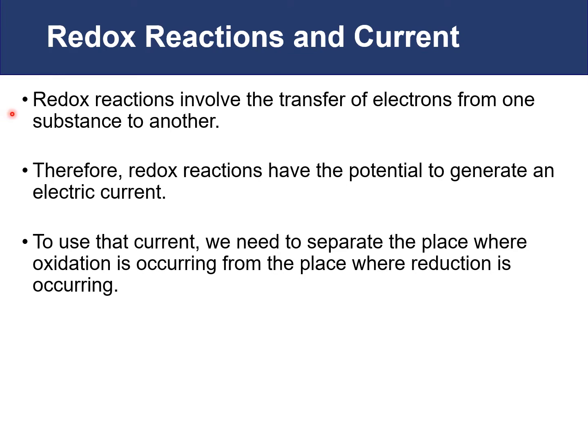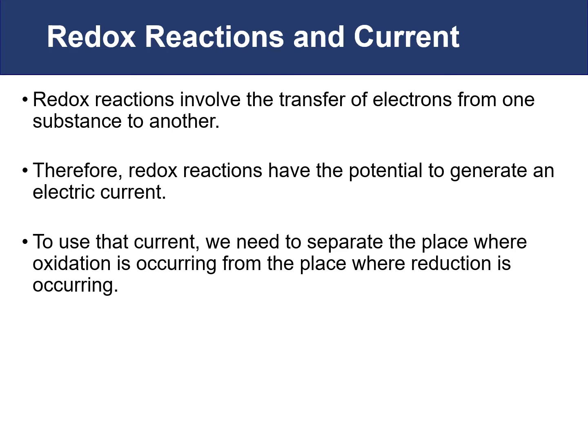Again, redox reactions are those that involve the transfer of electrons from one substance to another. Therefore, in these redox reactions, we have the potential to generate an electric current. That is done by separating the two components of the reaction. So to use the current, we need to separate the place where the oxidation is occurring from the place where the reduction is occurring.